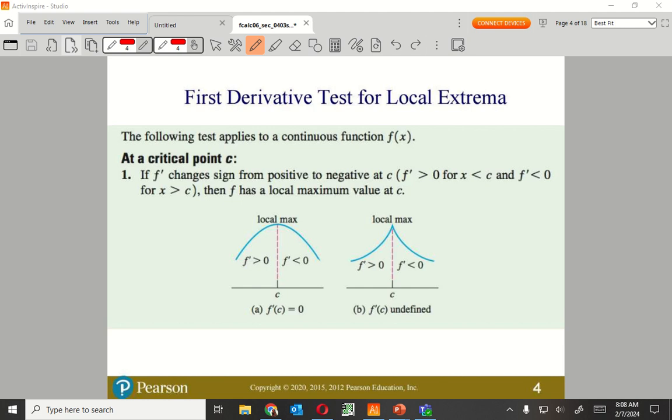Positive to negative at C, that means f prime is greater than 0 for x less than C, and less than 0 for x greater than C, then f has a local maximum at that point. So again, it goes to 0. I have a positive slope, goes to 0, and a negative slope. That means it is going to be some type of max.